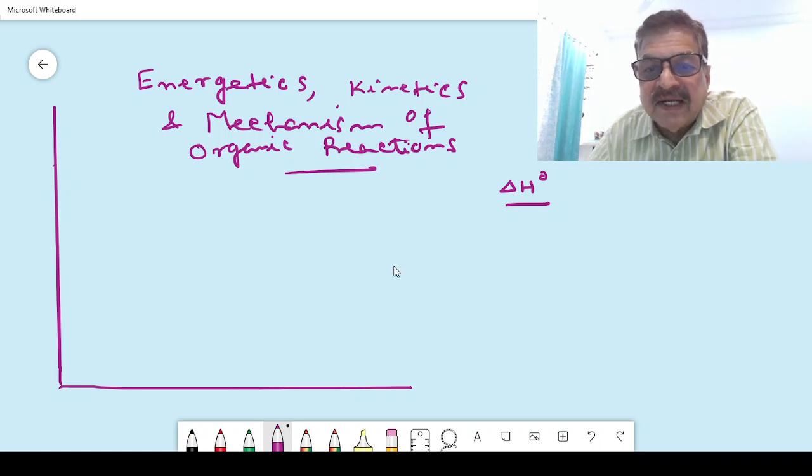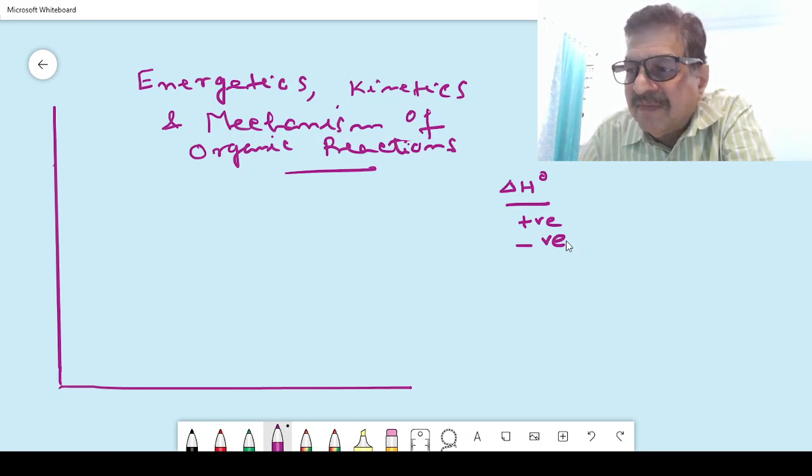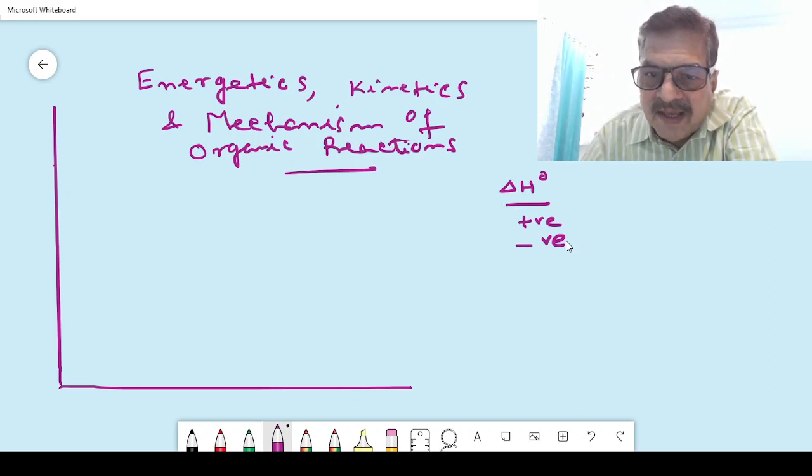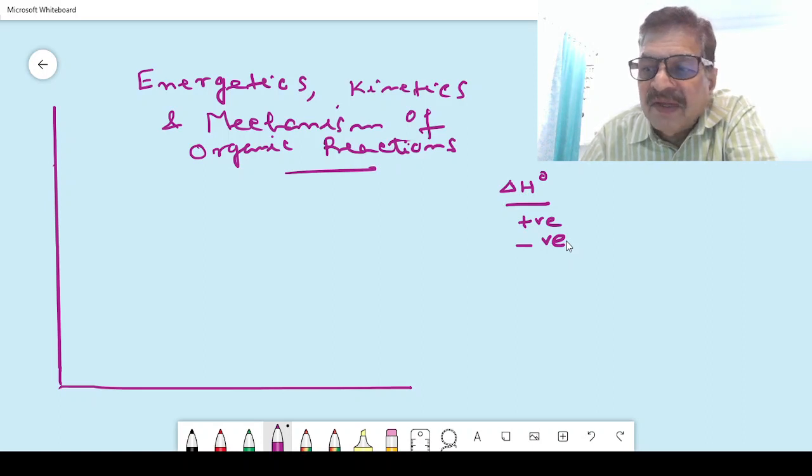Now, this delta H can be either positive or negative. In the case of positive delta H, energy is absorbed and the reaction is known as an endothermic reaction. When delta H is negative, energy is released and the reaction is an exothermic reaction.